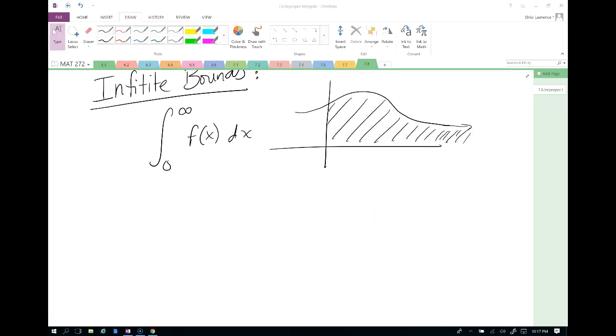We could also go, say, negative infinity up to 2. So this one just has an infinite bound on the left.